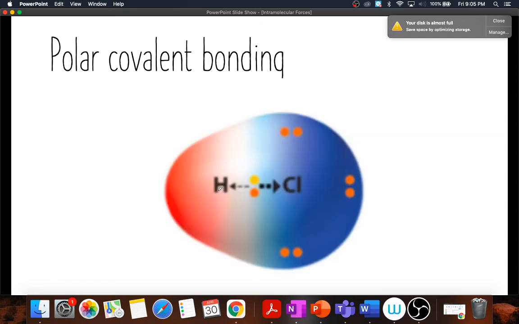This electronegativity difference allows the electrons that are shared in that bond to hang out a little bit closer to the more electronegative atom. So if you're looking at an HCl bond, the electrons are going to hang out a little bit closer to the Cl because it is more electronegative. So polar covalent bonding occurs between two nonmetals, and it is unequal sharing of the electrons in that bond.